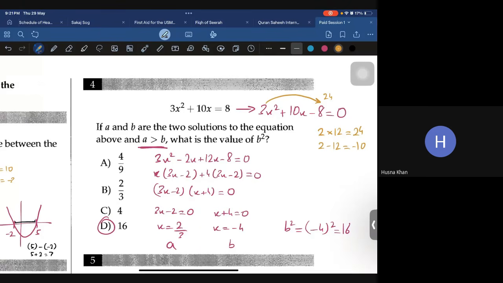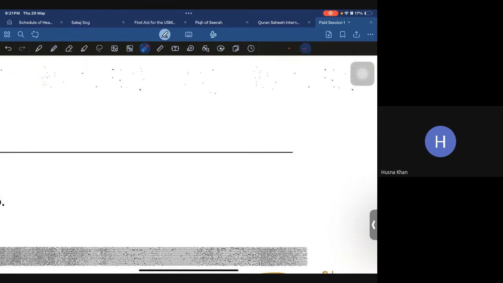Okay, so we got the x coordinates 2 upon 3 and -4. Husna, if you just have two numbers, let's say 3/4 and -1, which of these numbers is the bigger number?